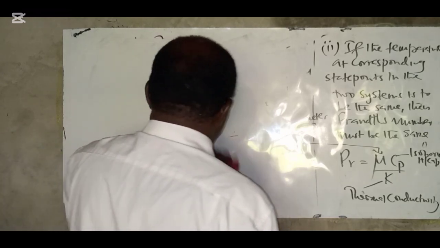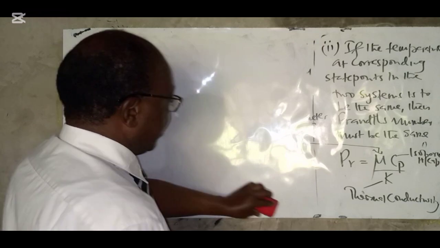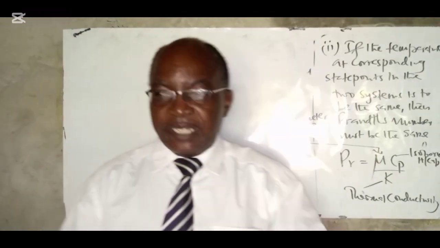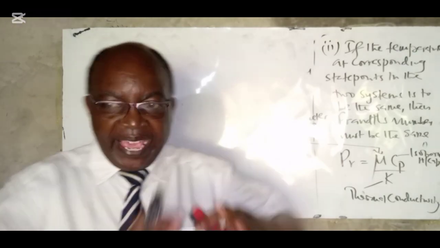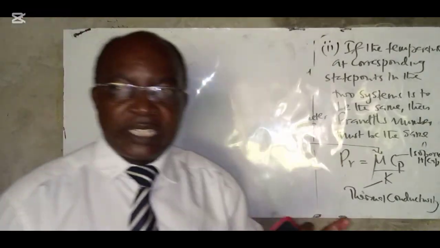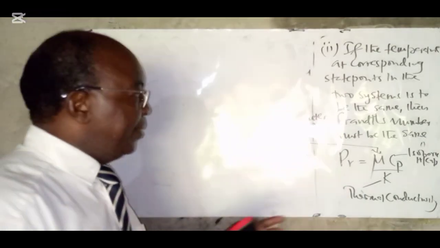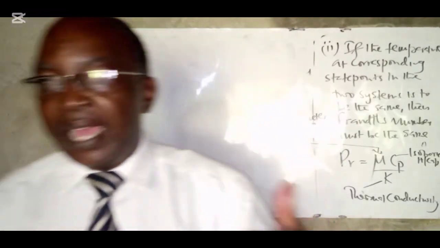And of course, when we talk about Prandtl's number, then the other important quantity also comes in. That's the Nusselt number. And so the Nusselt number in the elements around that solid body for the corresponding state points must also be the same if the Prandtl's number and Reynolds numbers are the same.